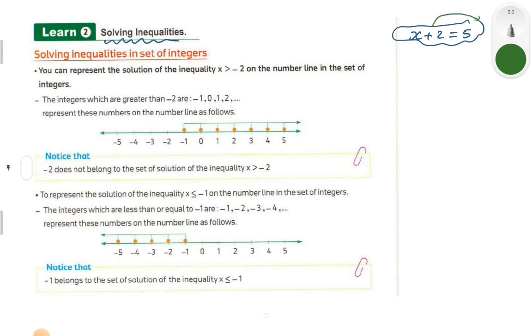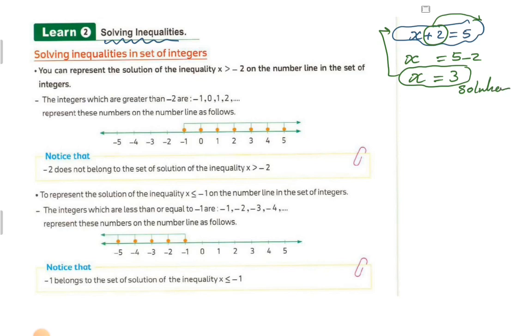To move this 2 out to the right side, so it will be x here and the 5, but it was plus 2. I will move it to the other side as minus 2, so x equals 3. We call this a solution of this equation. So this is the solution and this is the equation.